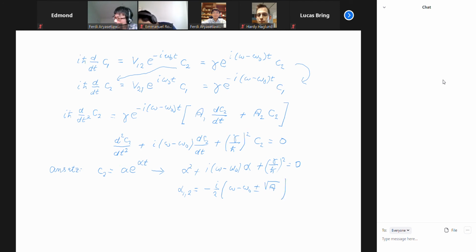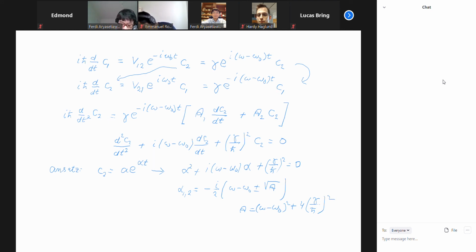So A is given by (omega minus omega 0) squared plus 4 gamma squared upon h bar squared. So this is the general solution.